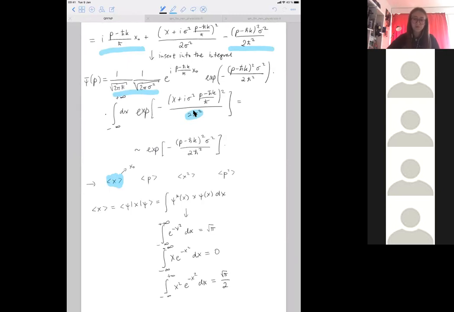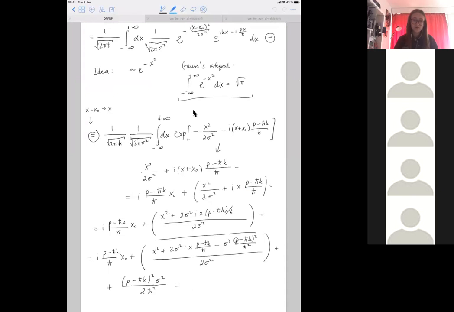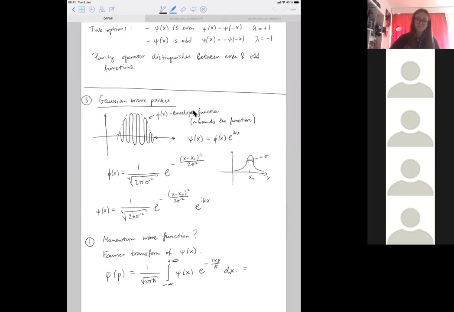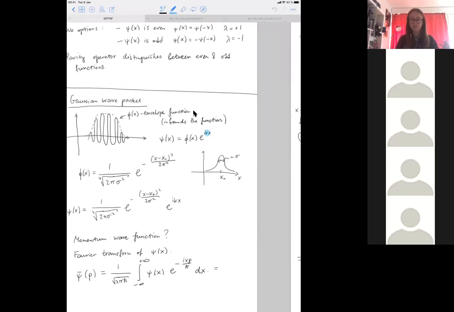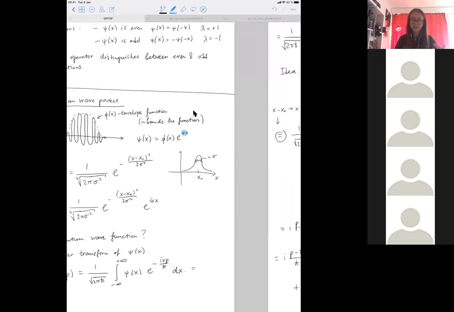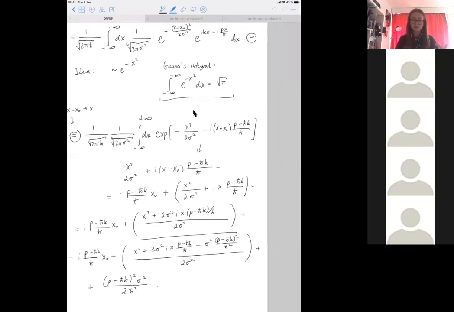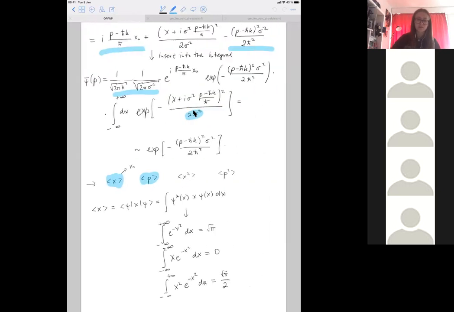Or, for example, with p, you can also have this kind of intuition, because we're looking at the wave packet, which has a wave number k here. So the wave itself is moving with respect to k. So you can already say that I can expect the expected momentum p to be hk.